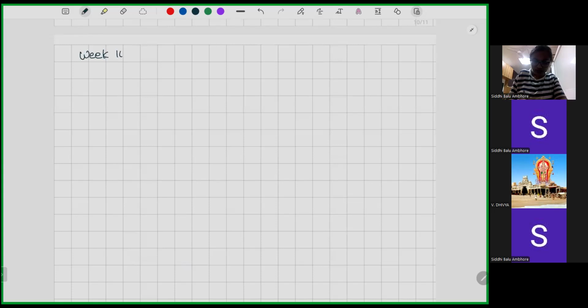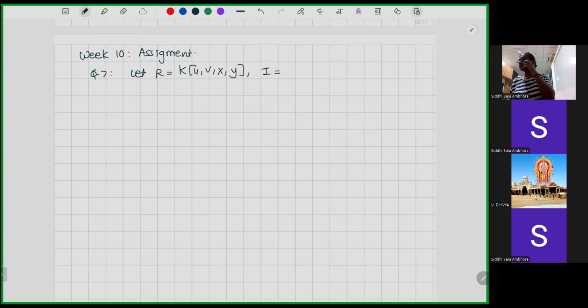Week 10 assignment, question 7 is: let R be K[U,V,X,Y], and please let me know if this is the correct question which I'm writing here. I is (U,V), J is (X,Y), and the Hilbert series.